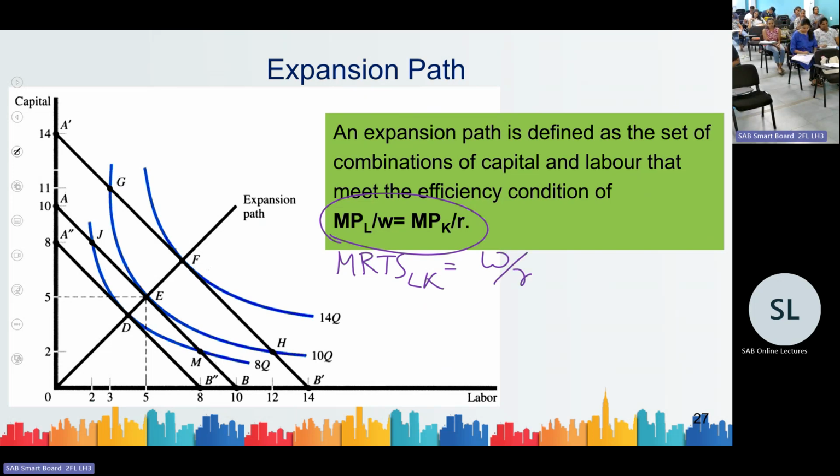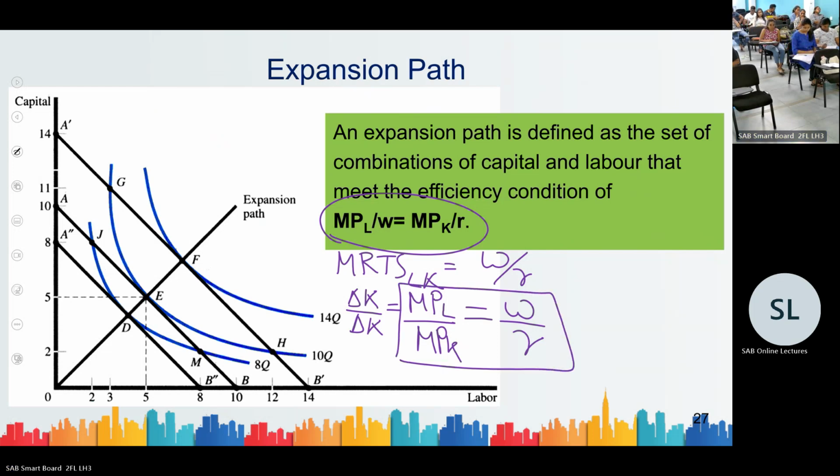Marginal rate of technical substitution is delta K over delta L, or in other words, MPL over MPK, and it should be equal to W over R. So MPL over MPK equals W over R is just a simple modification of this original equation.